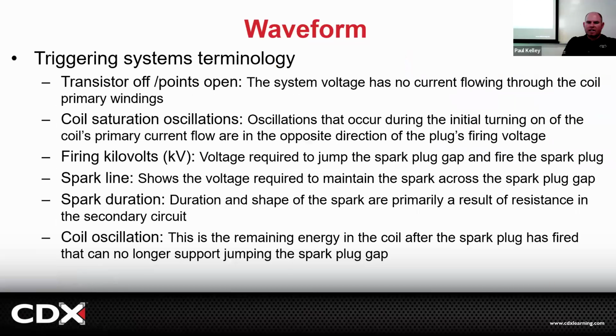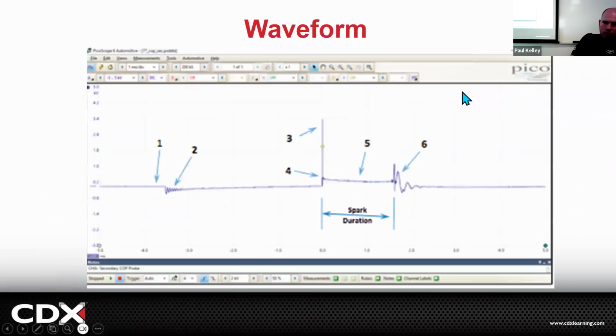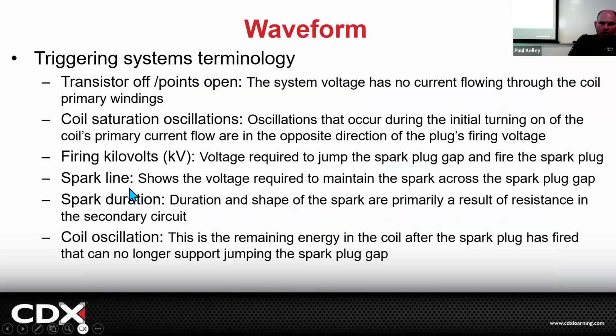So if we look at some of these, let's just say transistor off, that's the points open. There's no current flowing. That'd be like the transistor off. See that right there? Number one. Number two, the coil saturation oscillations. Oscillations means up and down. That's going to occur during the initial turning on of the coil's primary circuit current flow.